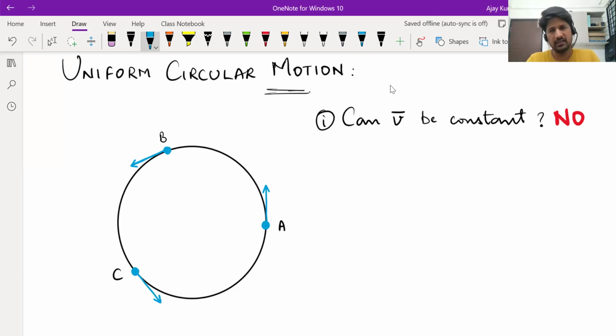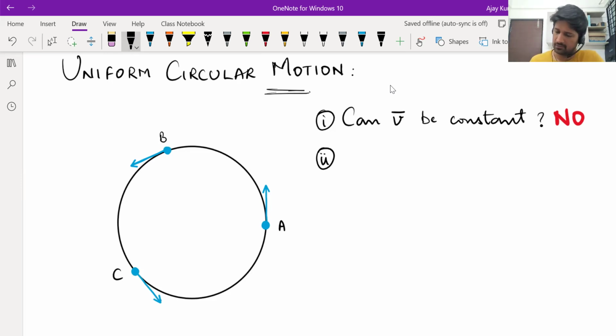Not just in this case, in any case, the direction of motion of an object is tangential to the path at that instant, at that position. So clearly the direction has to keep changing. Therefore, velocity cannot be constant because velocity by default includes direction. By definition, velocity includes direction. That cannot be constant. Okay.